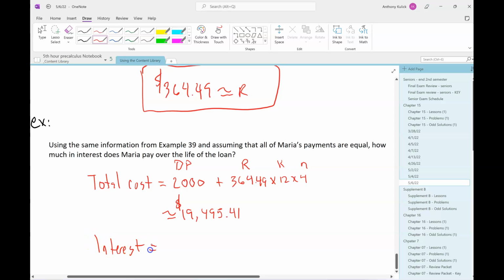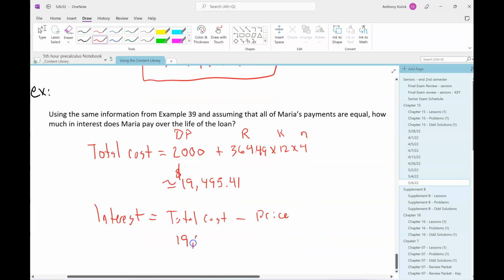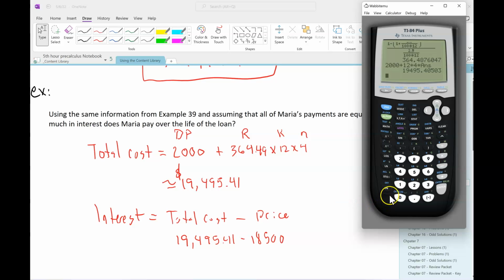Okay, so how much did we end up spending in interest? We'll just take the total cost and subtract the price of the vehicle. Right? Because everything other than the price of the vehicle was the interest.